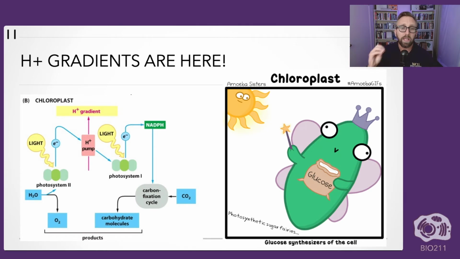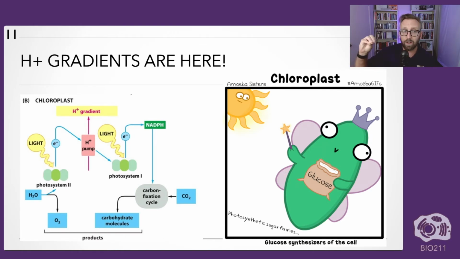So if you look at B here, what you have is a summary of what happens in the chloroplast in photosynthesis. Light will hit a photosystem. That light will be used to put energy onto an electron. That electron will go down to another photosystem.